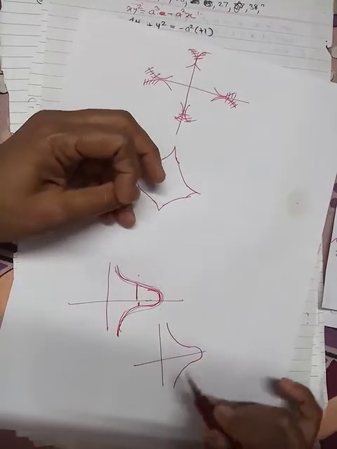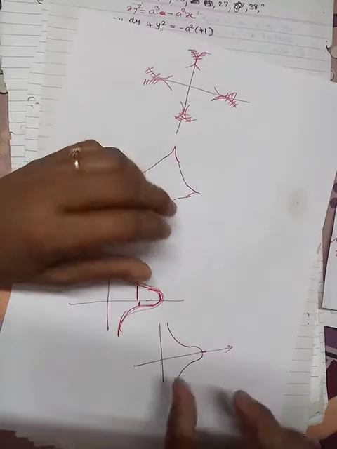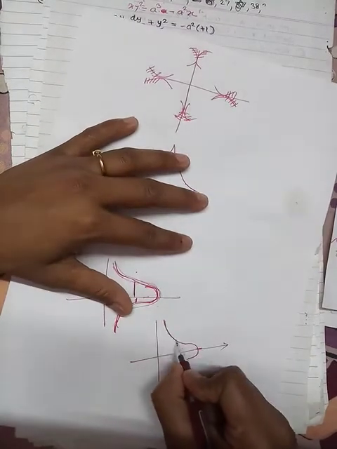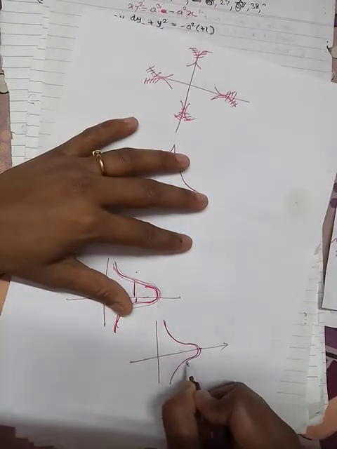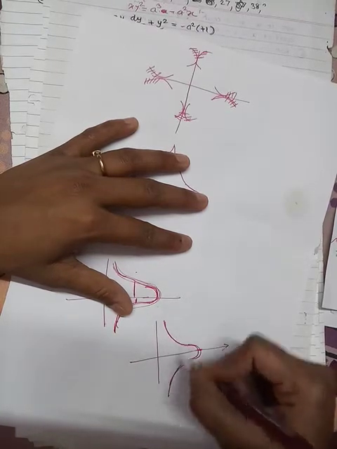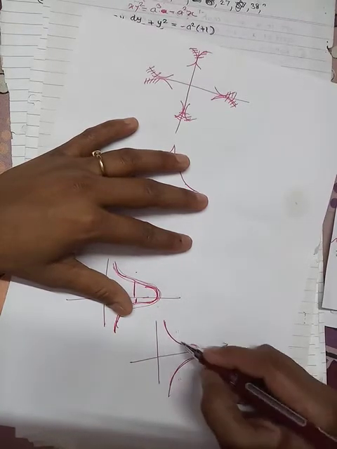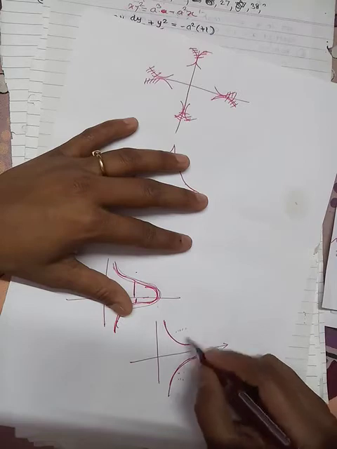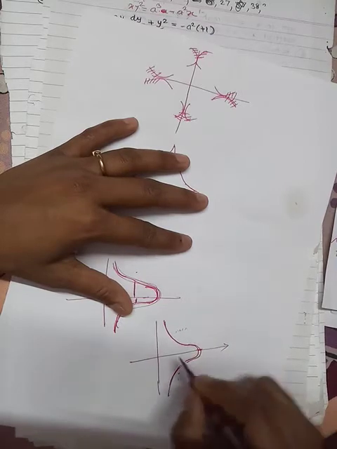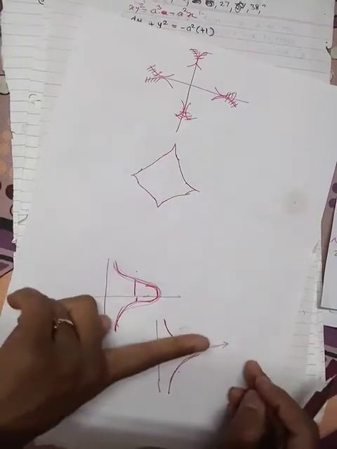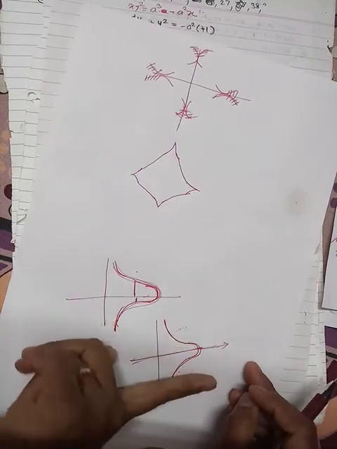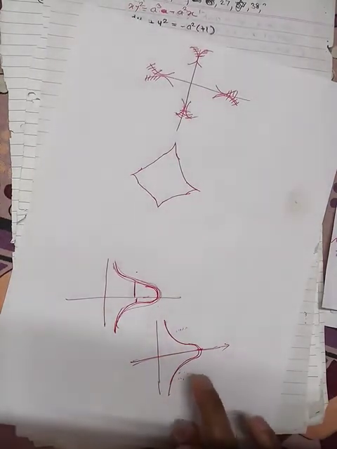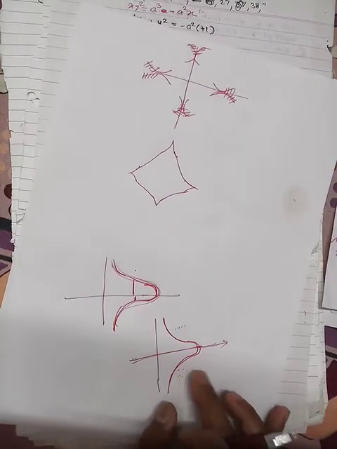Hence, to show the symmetry exactly, we have to draw the proper curve. So you can see this symmetry about the x-axis. Symmetry about the x-axis means the upper part and lower part should be the same. In this graph you can see the symmetry.